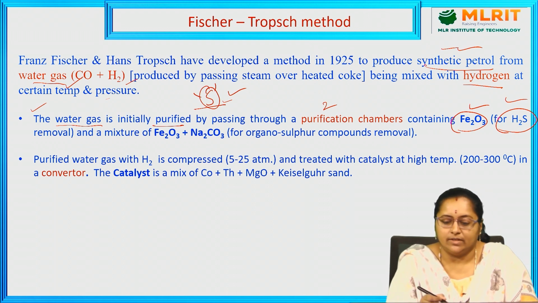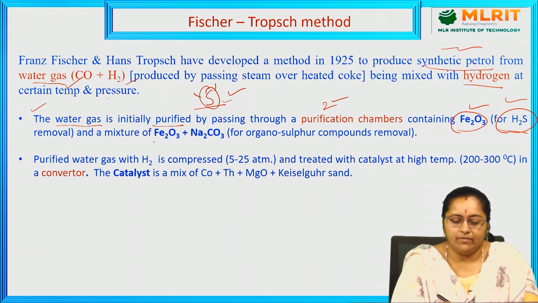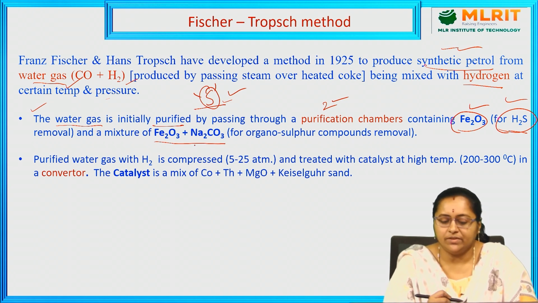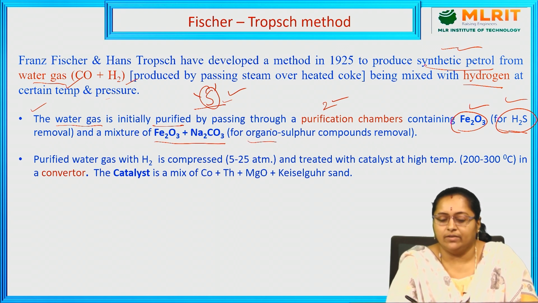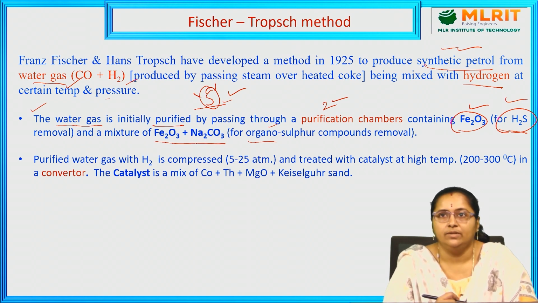After the hydrogenated water gas becomes free from H2S, it is passed into the second purification chamber, where we have a mixture of Fe2O3 and Na2CO3. This mixture is meant for removing sulfur in organic form. Sulfur in any organic form gets removed by using the mixture of Fe2O3 and Na2CO3.